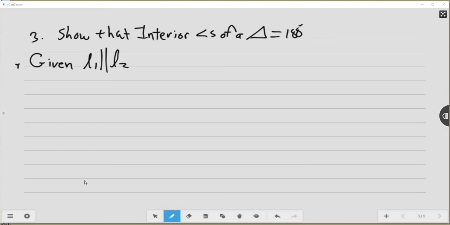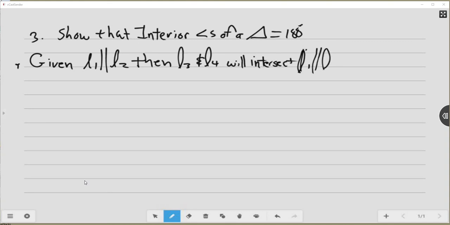Okay, and then I will have L3 and L4. Each one of these lines will intersect parallel lines, L1 and L2. So I'm just saying these two are parallel, and these two lines will intersect those parallel lines.